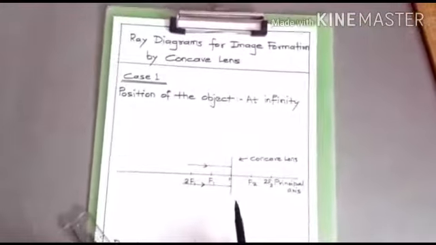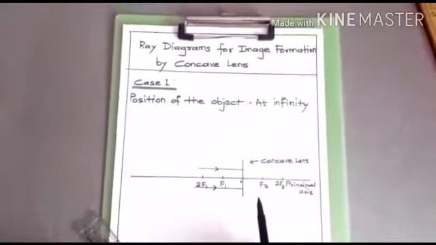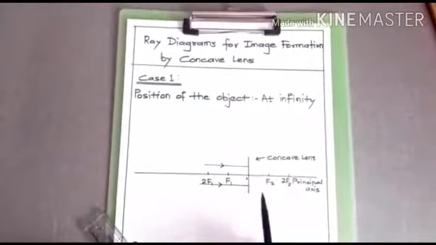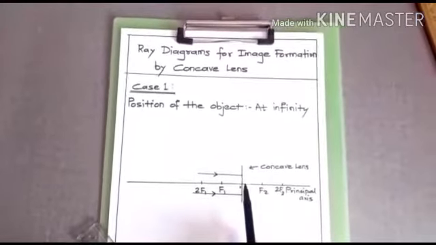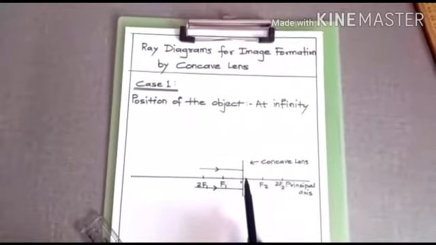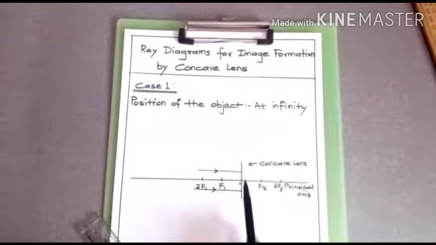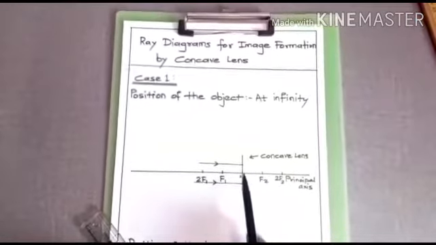Use Rule 1 for concave lenses. Rule 1. When the incident ray is parallel to the principal axis, the refracted ray, when extended backwards, passes through the focus.